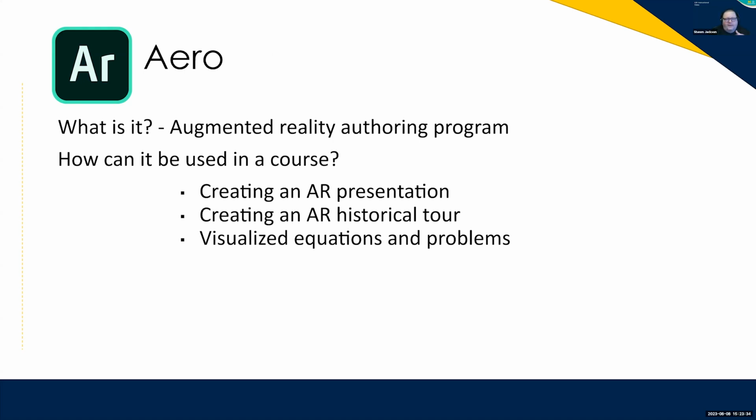So Adobe Aero is an augmented reality authoring program. So what that means is, if you've ever used games that involve geolocation, right? That involve you looking through a tablet or a phone, and it shows what's behind the phone, but also things on screen like animated characters, or it uses the geolocation to specify something in game.